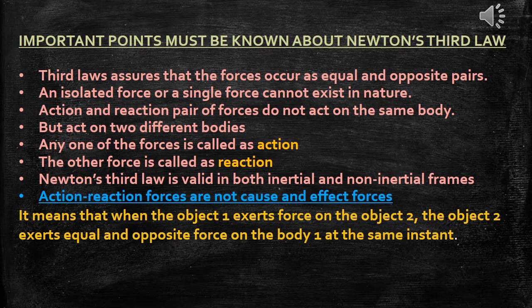But in the case of Newton's law, there is no time difference or lag between the action and reaction forces. Both forces act at the same instant of time. It means that when object 1 exerts a force on the second object, object 2 exerts an equal and opposite force on body 1 at the same instant.